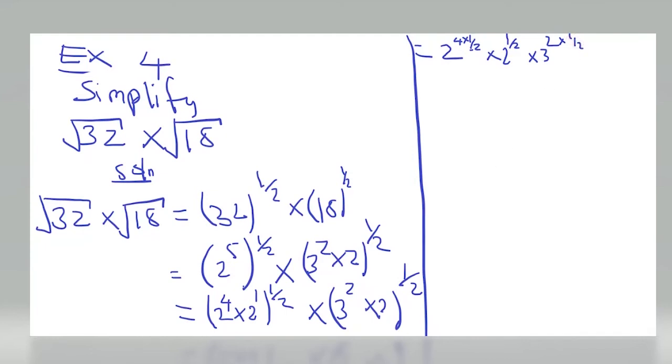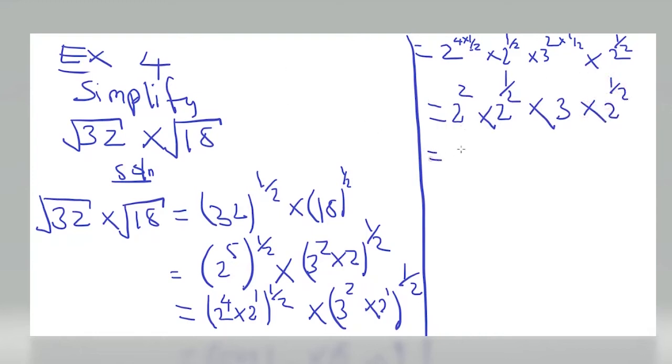Just opening the bracket, then times 2, this is 2 power 1, times the half is equal to 2 power half. Then times 2 power a half. Now 4 times 2 power half is 2 under root.